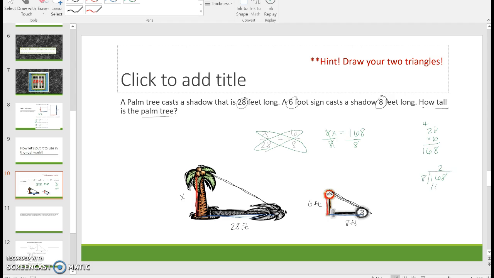Well, 2 times 8 is 16, 0, bring down my 8. 8 times 1 is 8, and that's it. So x is 21, so 21 feet. Now, does that make sense? This is a little bit shorter than the shadow, so that's a reasonable answer.